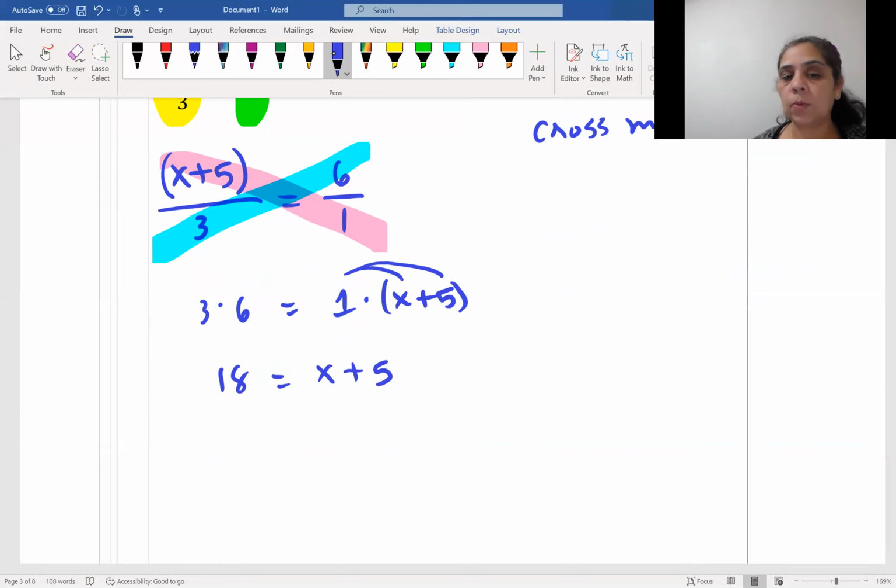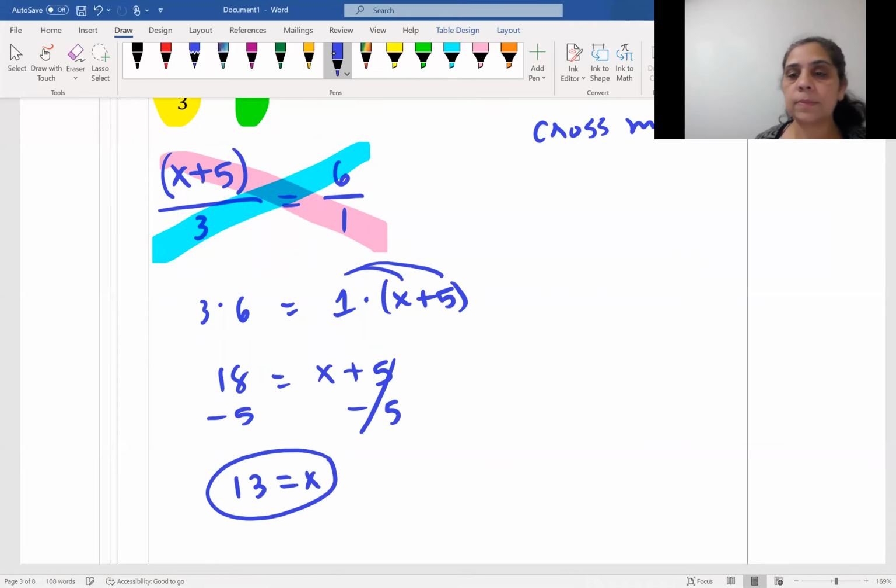And now we can solve for the variable. So we can subtract 5 on both sides. 18 minus 5 is 13 equal x. And that is your answer. You can always plug it back into your equation and check your answer.